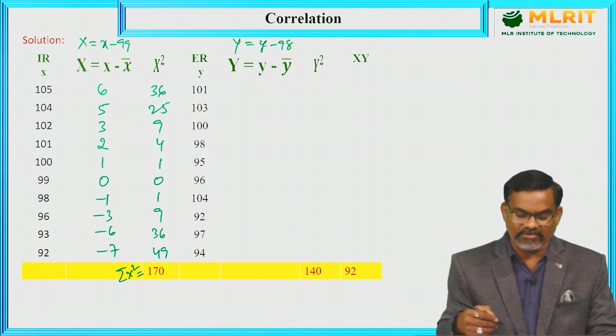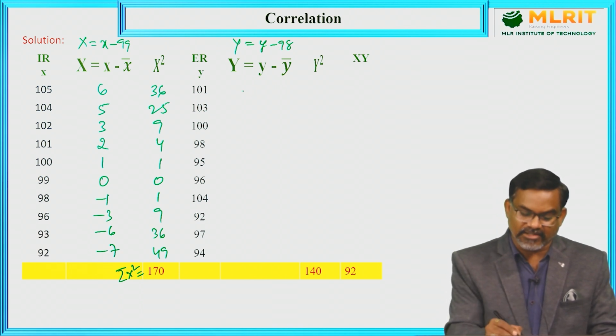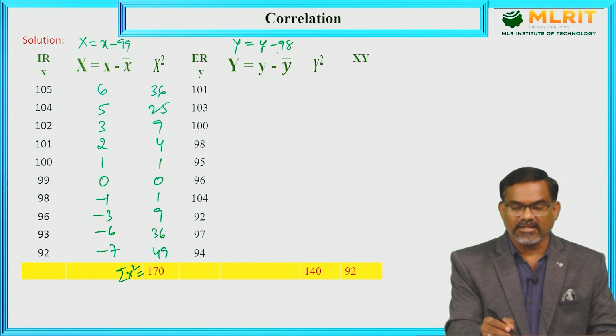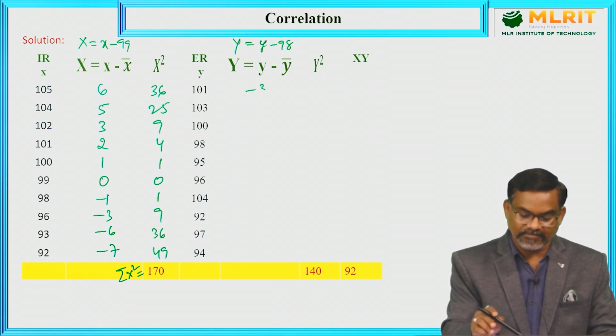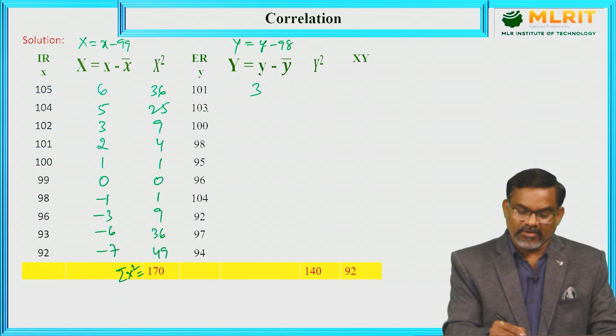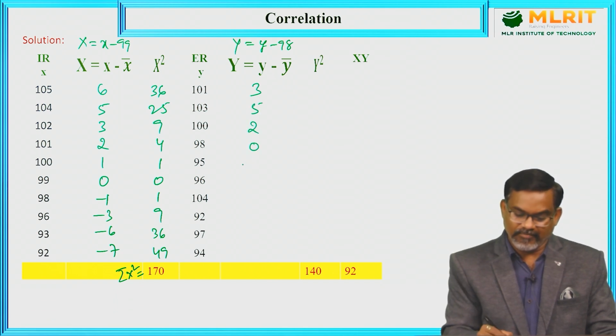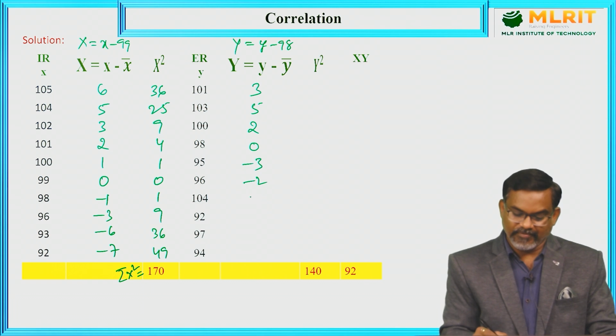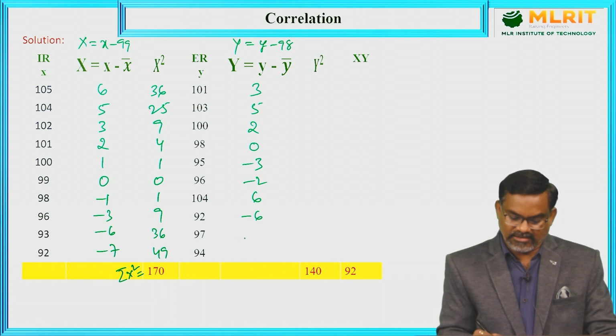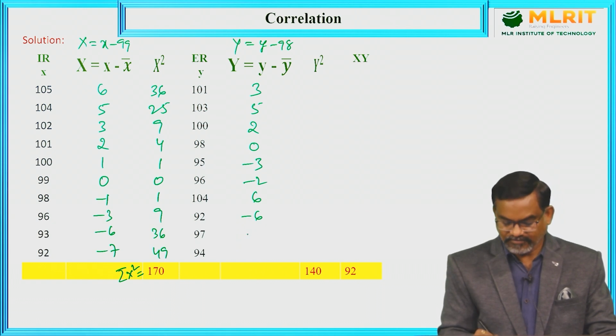Similarly, for y values, y minus 98: 101 minus 98 is 3, 103 minus 98 is 5, 2, 0, minus 3, minus 2, 104 minus 98 is 6, 92 minus 98 is minus 6, minus 1, 94 minus 98 is minus 4.